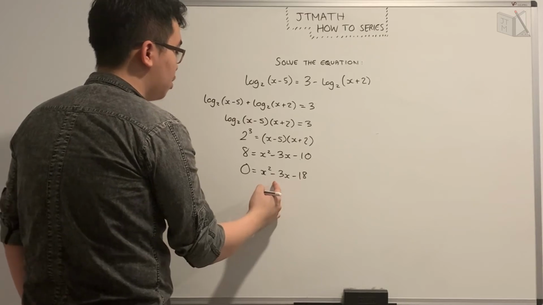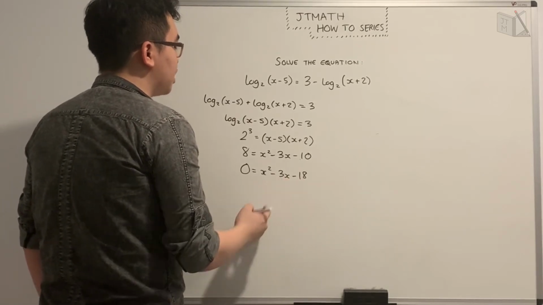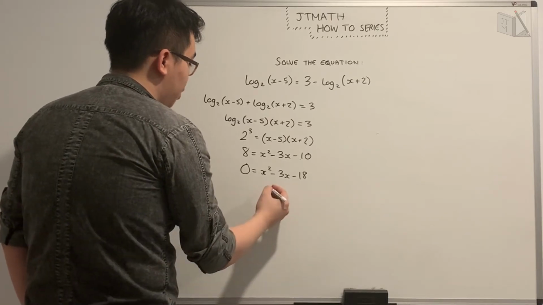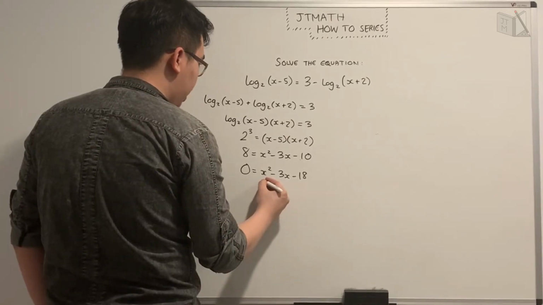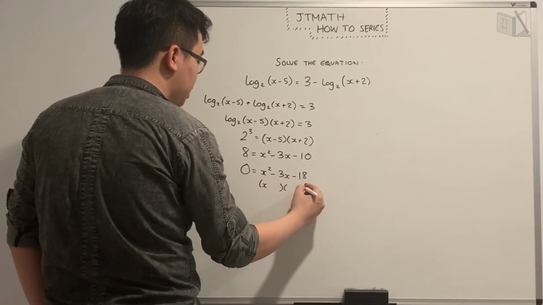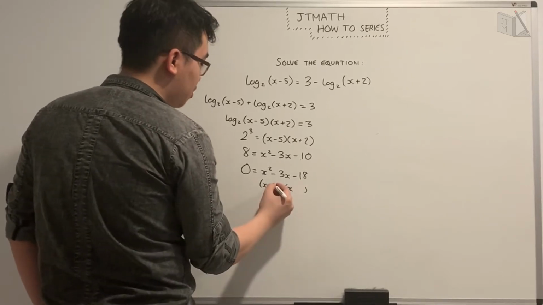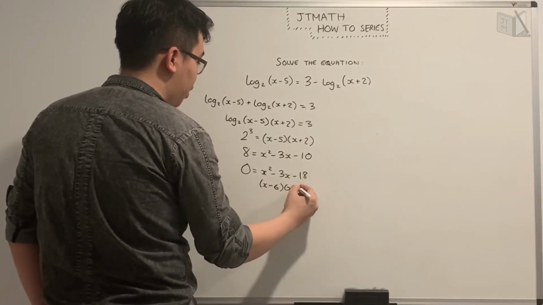So we want two numbers that multiply to give me minus 18 and add to give me minus 3. In each of these brackets there's going to be an x to the power of 1 so that they multiply together to give the first term of x squared. And I think my two numbers are going to be minus 6 and plus 3.